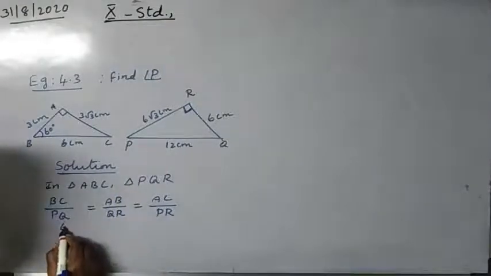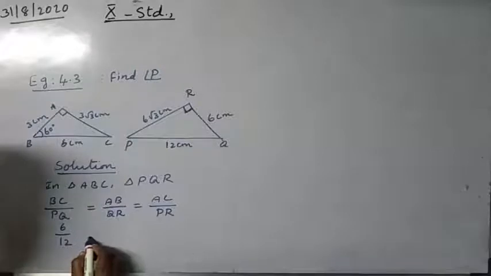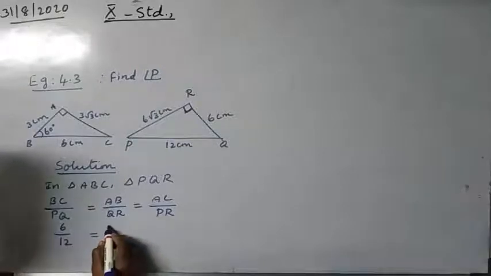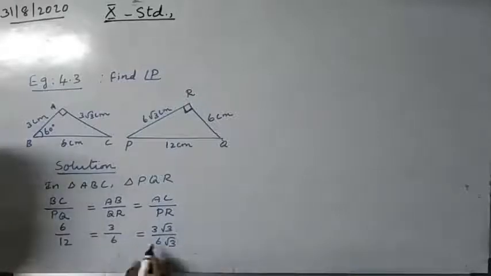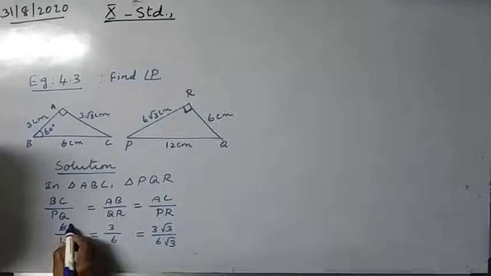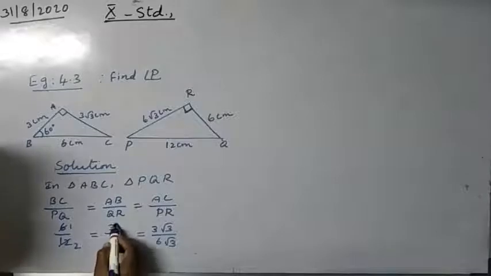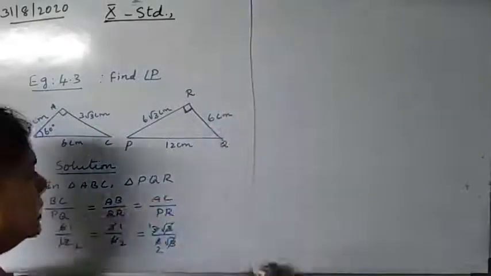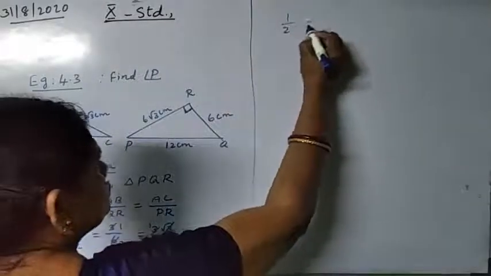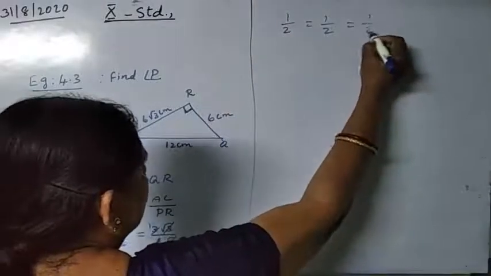Now BC is 6 by PQ is 12 is equal to AB is 3 by QR is 6 is equal to AC is 3 root 3 by PR is 6 root 3. If you cancel 6 times, 1 time 2 times, here 3 times, 1 time 2 times. Now root 3 cancels, 3 times, 1 time 2 times. So here we are getting the answer 1 by 2 equal to 1 by 2 equal to 1 by 2.